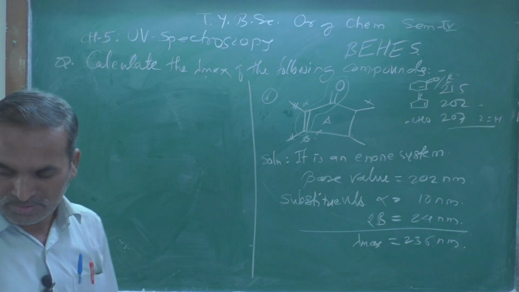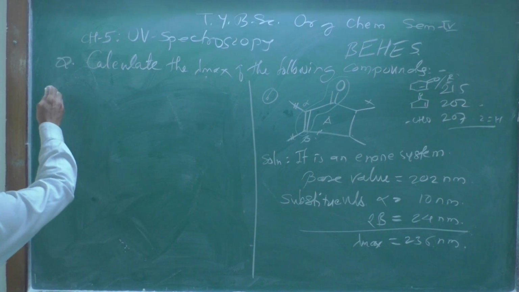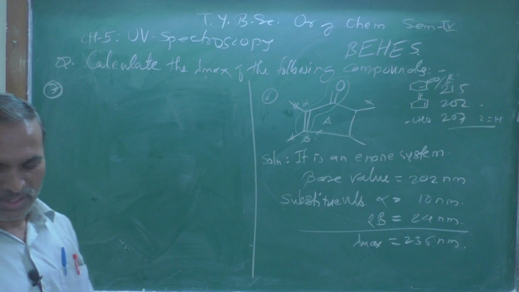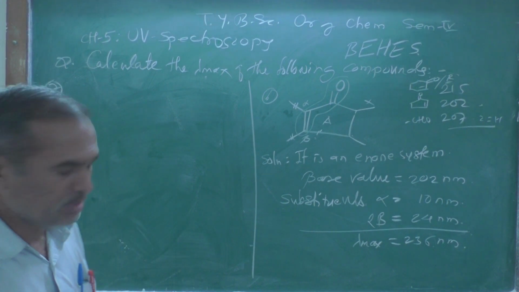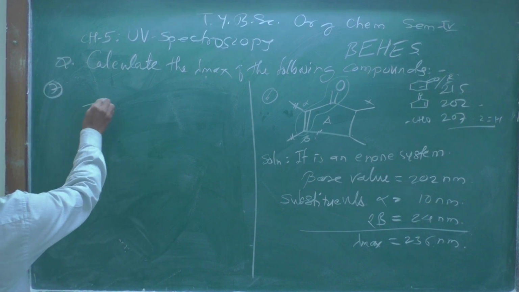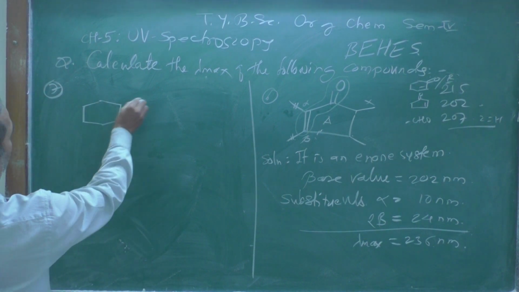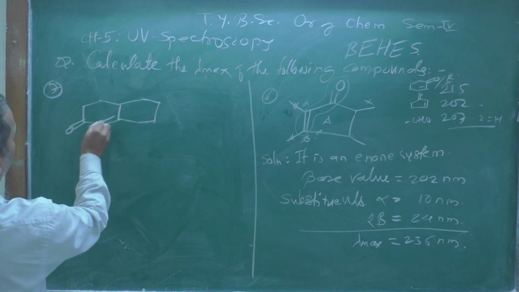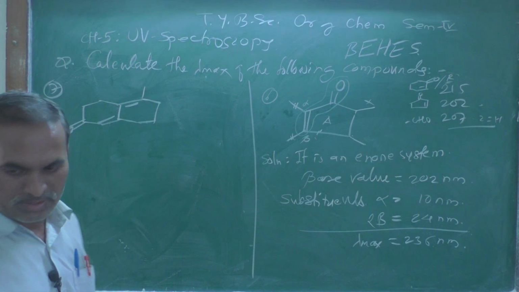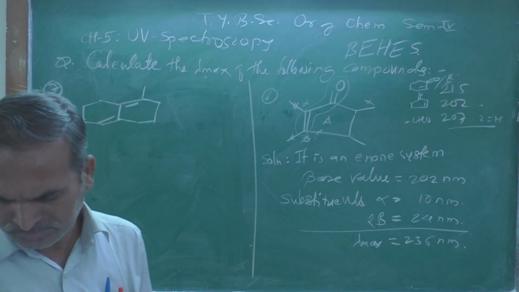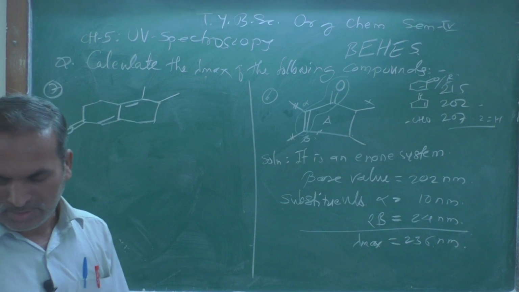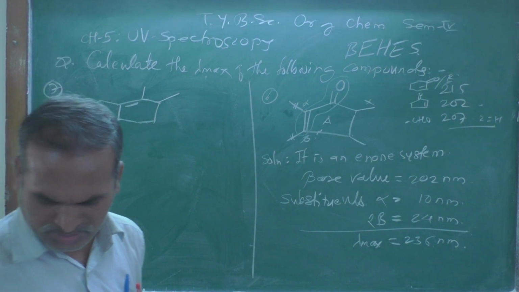So this is problem number 7 over here, and let's see the structure which is given. This is the structure. Here there is a C double bond O, one double bond here, another one, there is one bond over here, another bond over here.